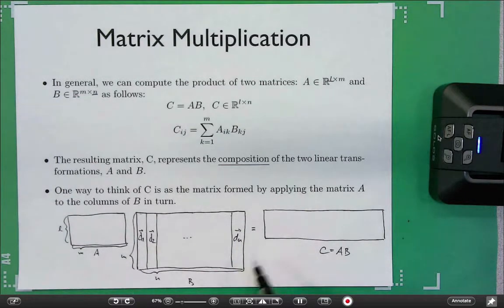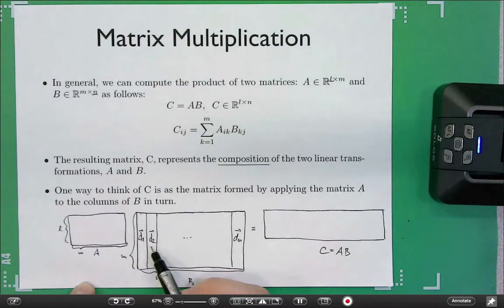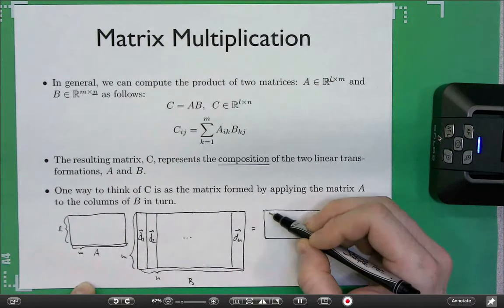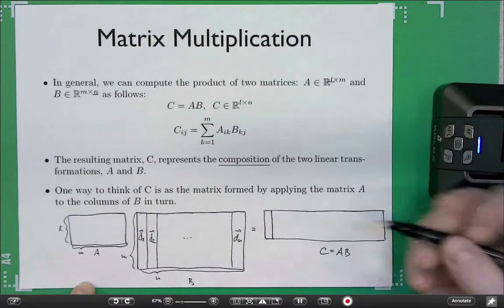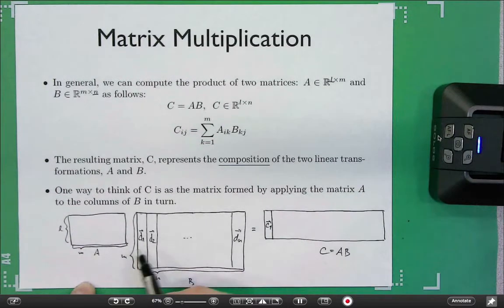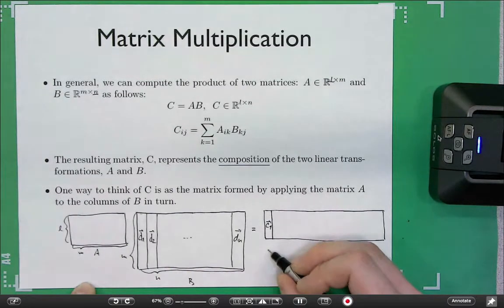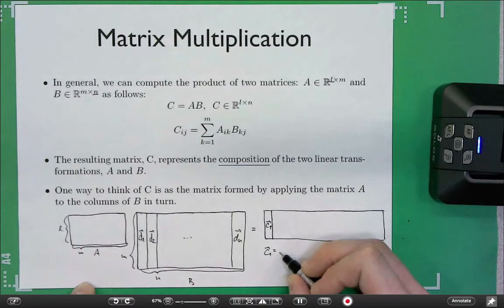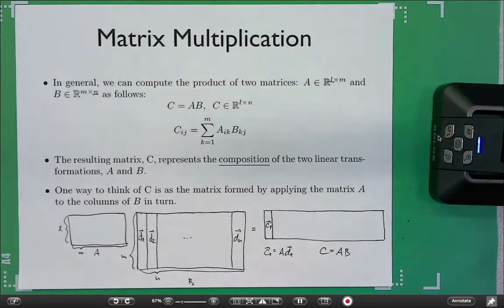So what the matrix product actually is, is nothing but the matrix vector product applied to all of the columns individually. So the first column of the product, let's denote it C1, is just the matrix vector product A D1, right? So let me write it here. C1 is just A D1, the matrix vector product I just defined on the previous slide.